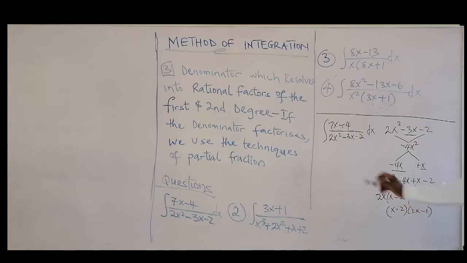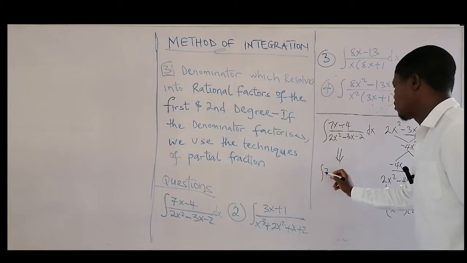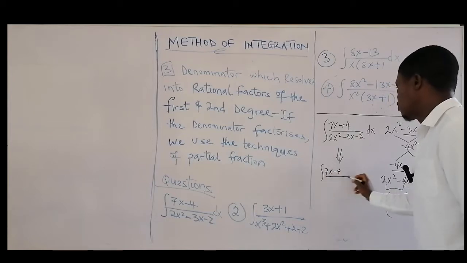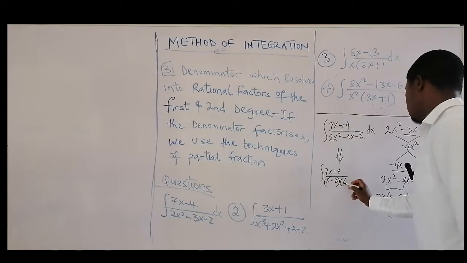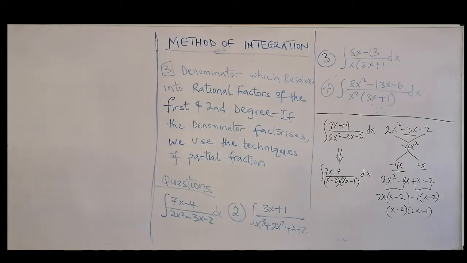So the integrand now becomes 7x minus 4 all over x minus 2 into brackets 2x minus 1.